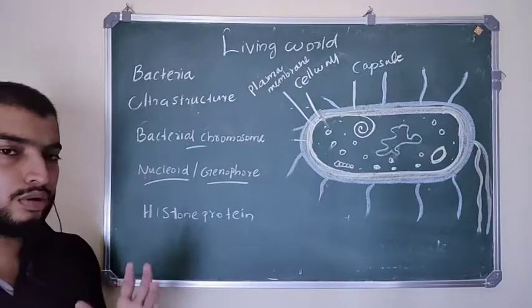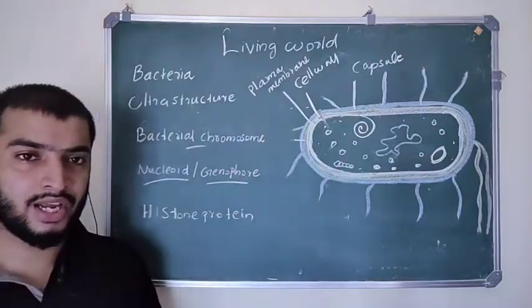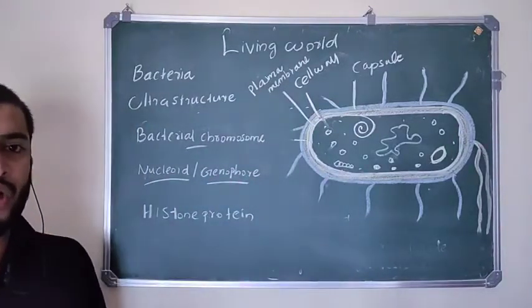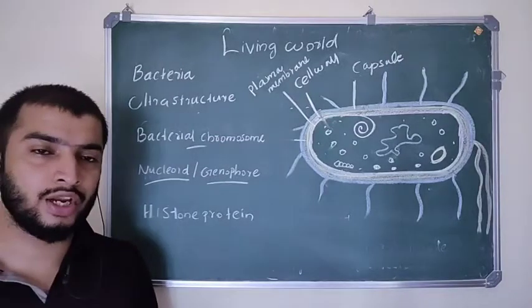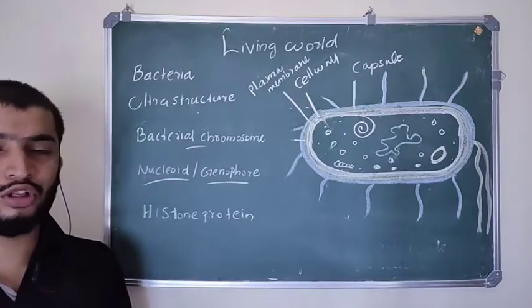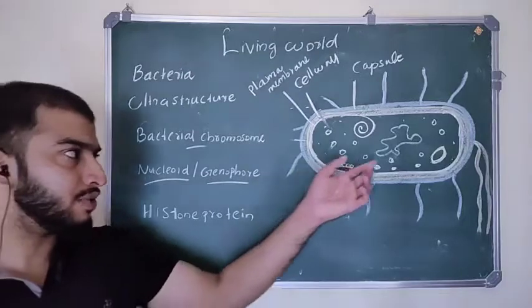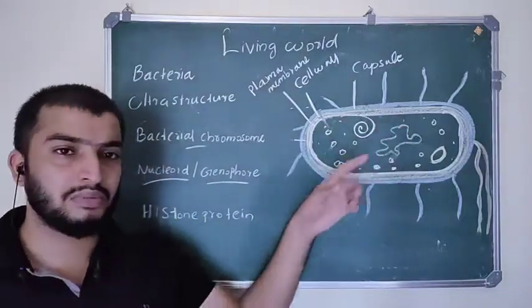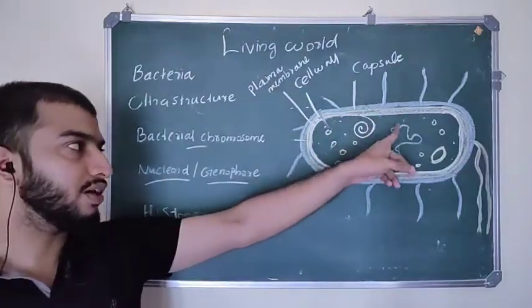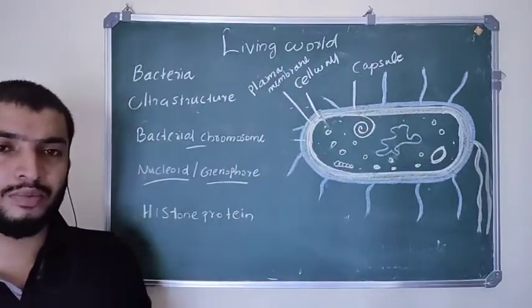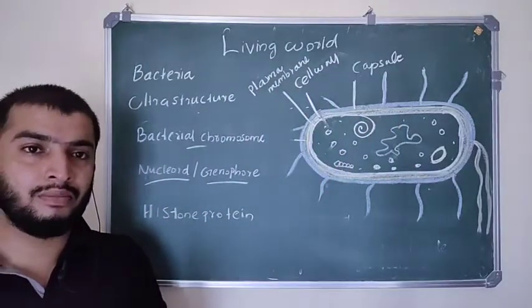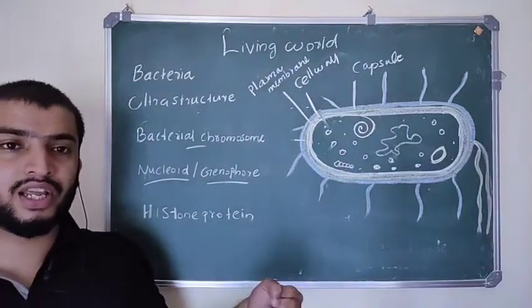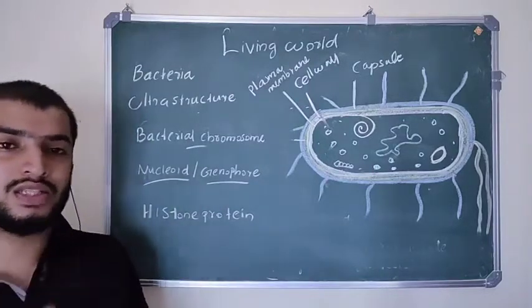So it is simply a circular DNA, highly coiled, not bound to histone protein, and containing the information about the bacteria. Sometimes one end of this bacterial DNA attaches to the plasma membrane, which makes it easy to separate the DNA fragments at the time of cell division.